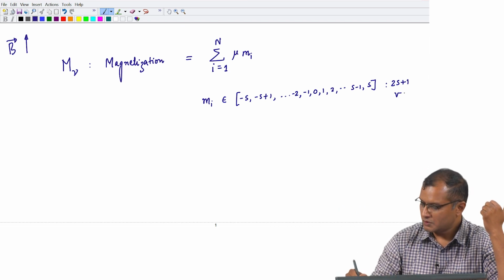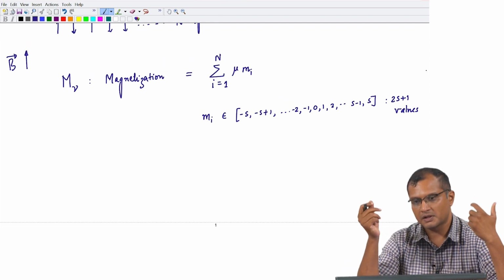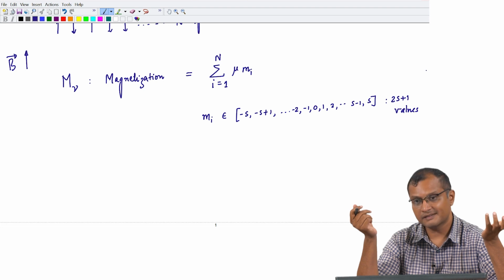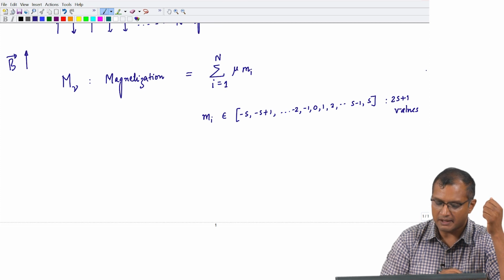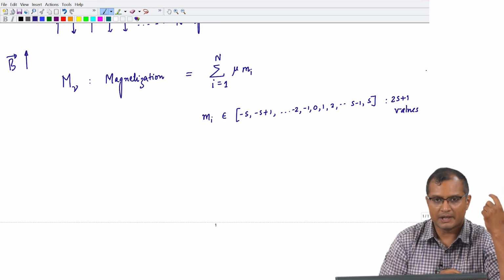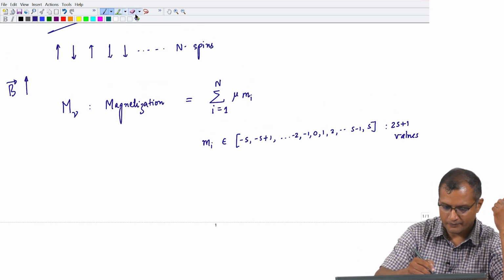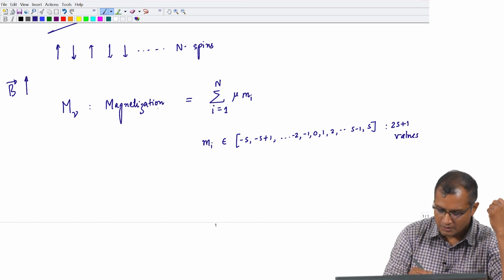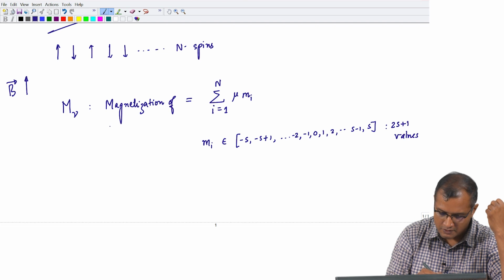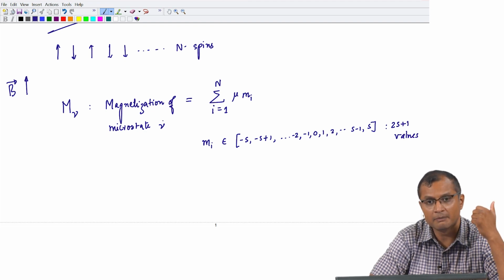The mi's, that is the excitation of each spin, can assume values between minus s to plus s, a total of 2s plus 1 values, and what I have written here is nothing but the magnetization of some microstate nu, which is a label of a microstate.